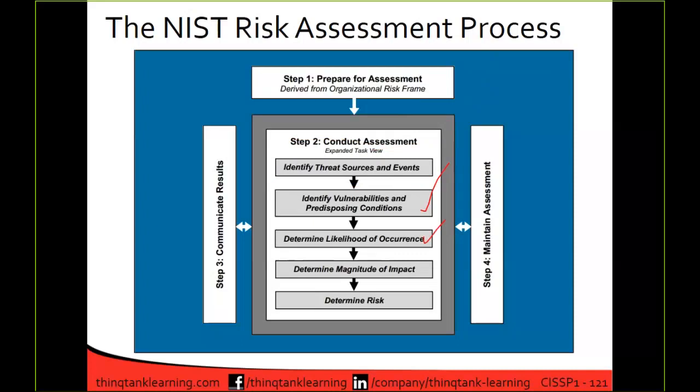Determine the likelihood that it's going to occur. Like I said, if I'm a small hometown credit union processing financial transactions, I'm less likely to get attacked to seize that financial information than, say, Bank of America or Wells Fargo, right? I just don't have the same visibility globally that that organization might have.